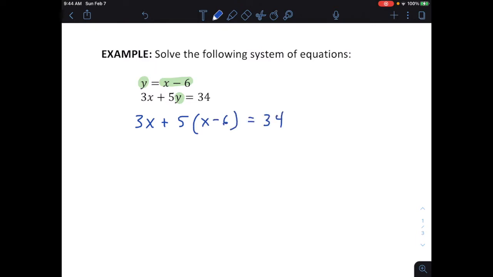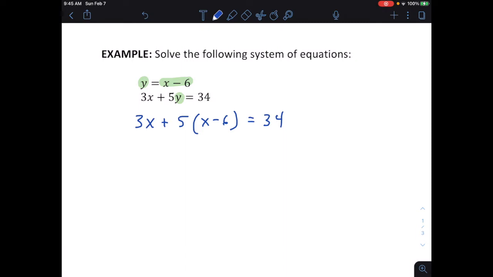Okay, so this is where the y used to be. So when we do that, something cool happens. We are left with an equation that only has x's in it. The y's are gone. And that's a good thing, because if we have a single variable, we can solve this equation for x.